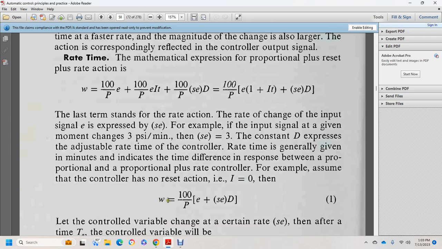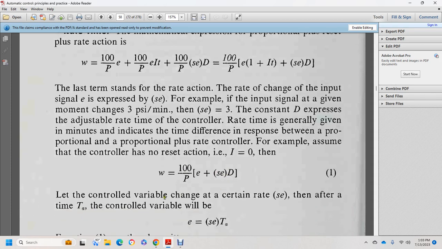On one hand, the output signal would be 100 times proportional band times the actual signal times the signal expressed, and the change in input times the constant expressed as the adjustable rate of the controller. The control variable changes at a certain rate, and then after the time T the control variable equals the actual signal.